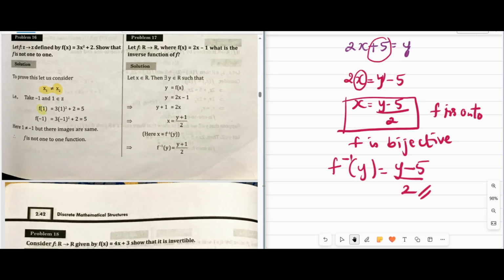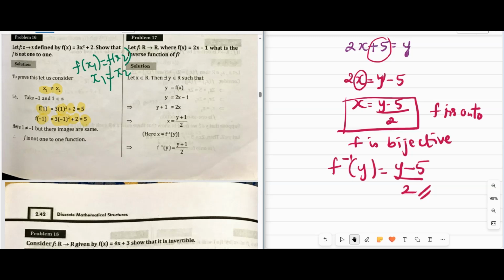Then for x equals 1, 3 into 1 squared plus 2 is 5. If x is minus 1, then 3 into minus 1 whole squared plus 2 is also 5. Here f of x1 equals f of x2, but x1 is not equal to x2, therefore it is not 1-1.